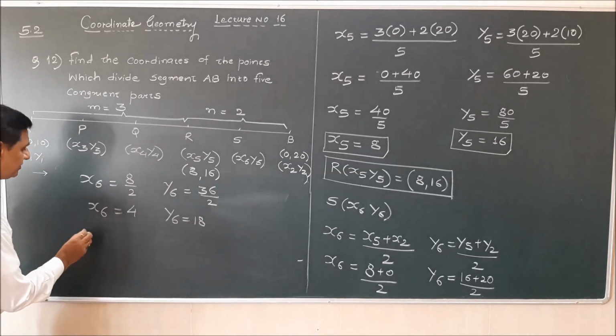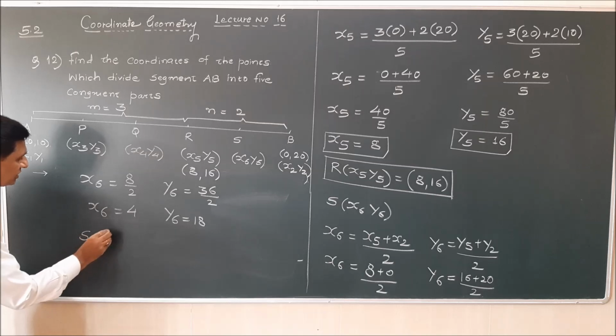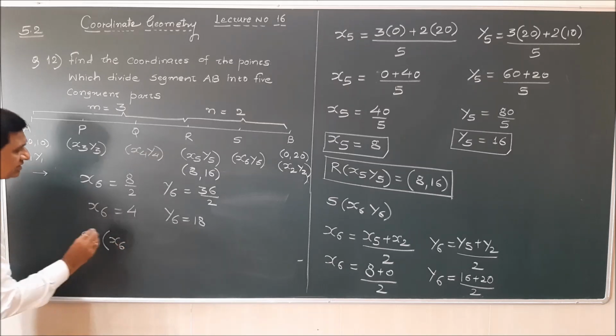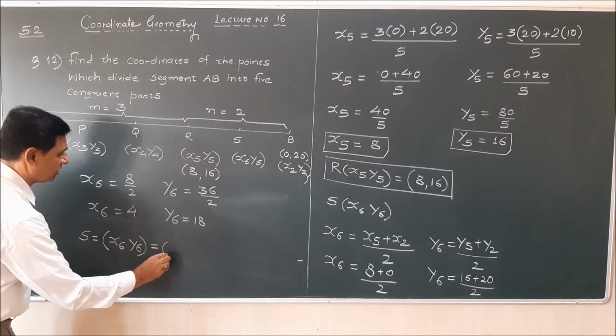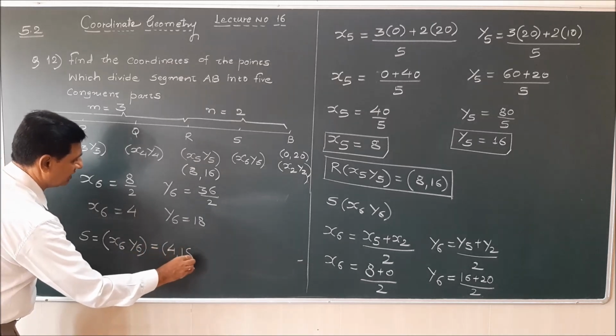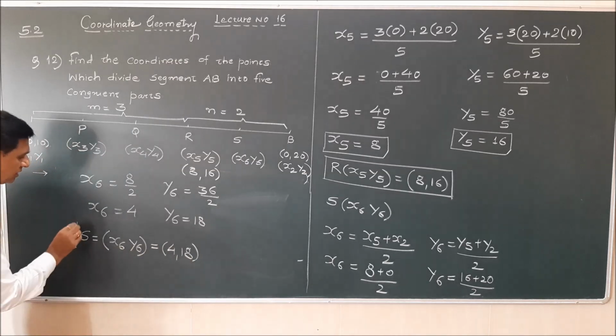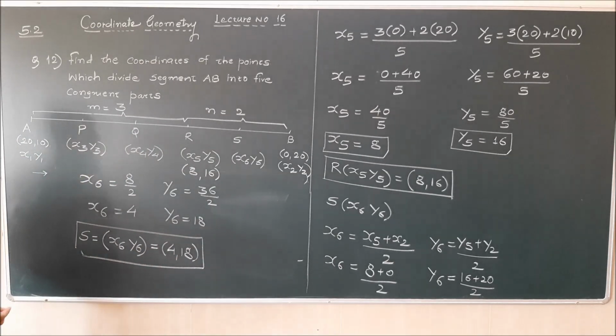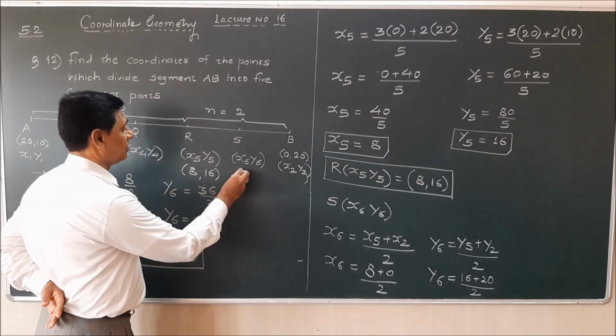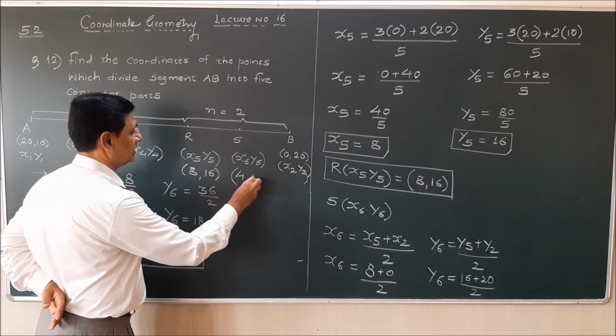Therefore the coordinates of S, which are x6, y6, are nothing but (4, 18). So this is how we can get the coordinates of S also, which are x6, y6 as (4, 18).